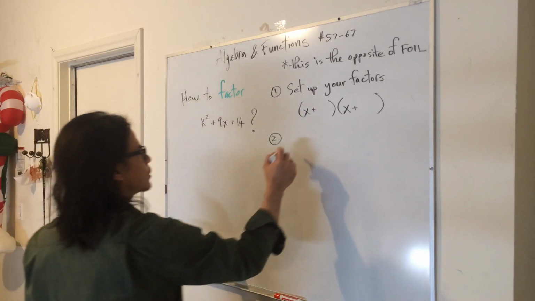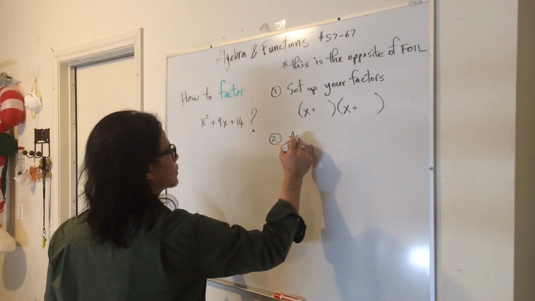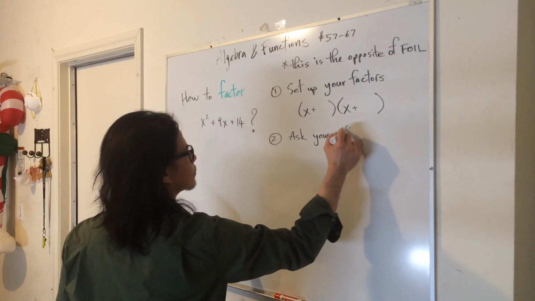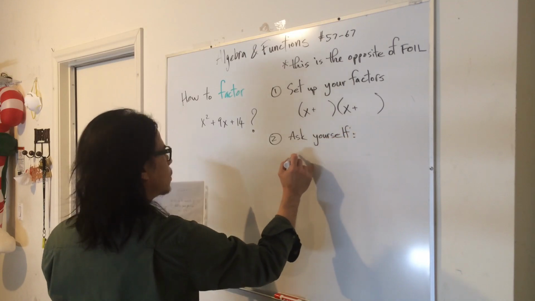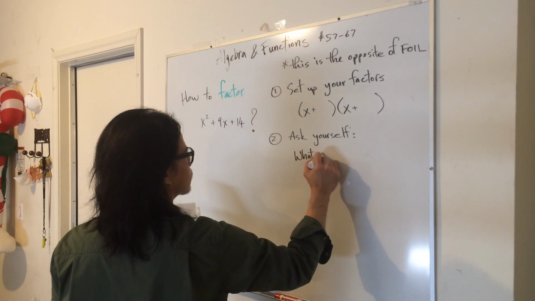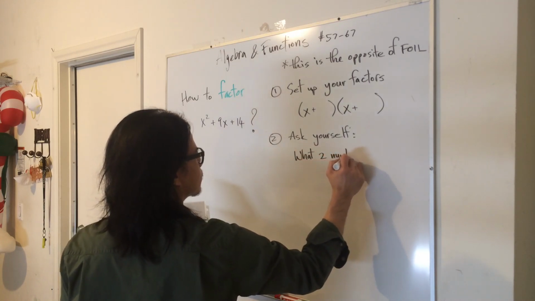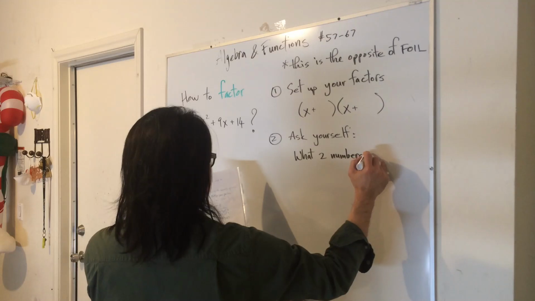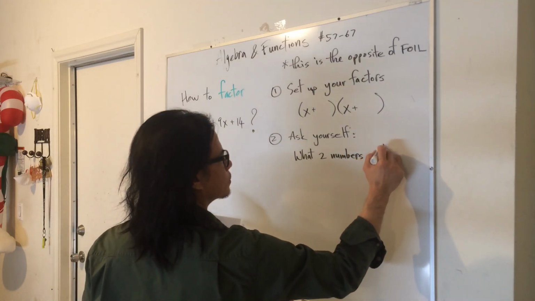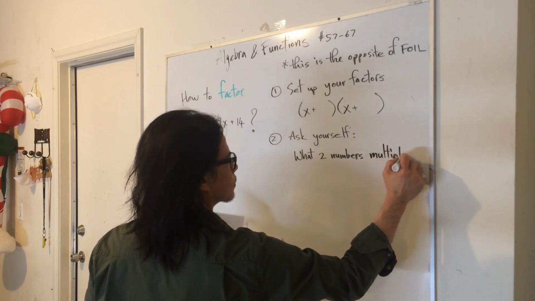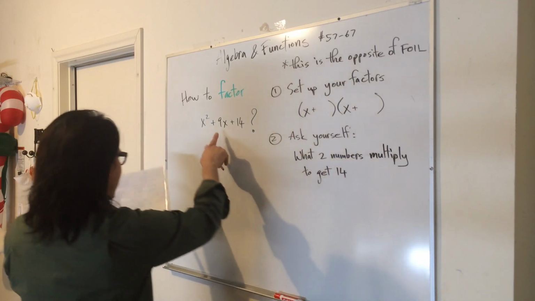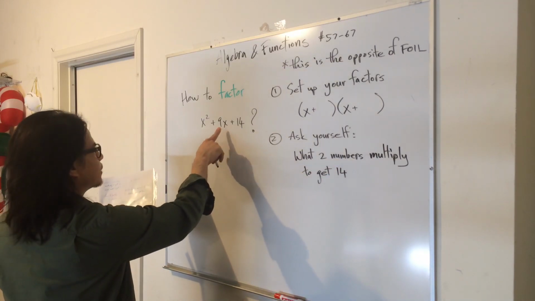Step 2, we're going to need to ask ourselves: what two numbers multiply to get 14 and add to get 9?